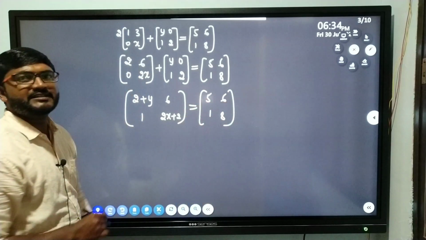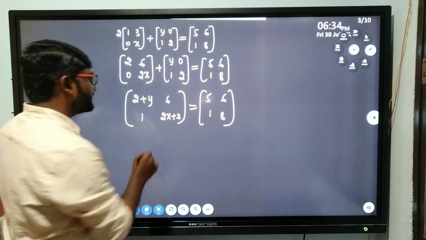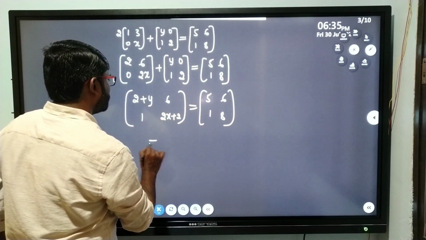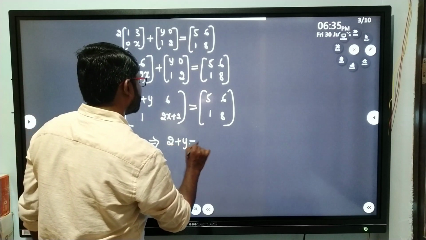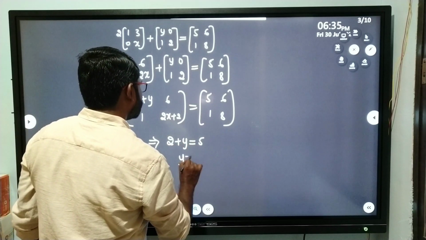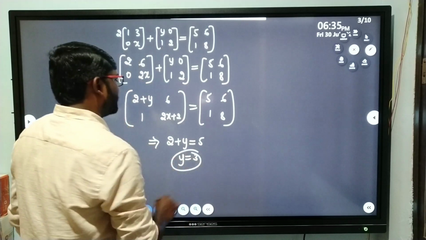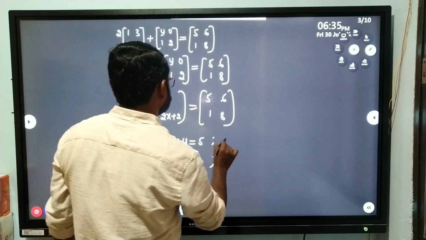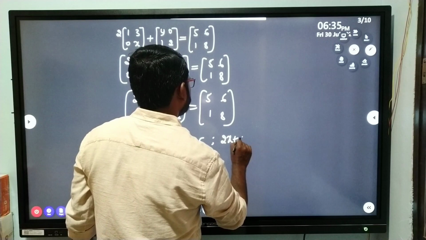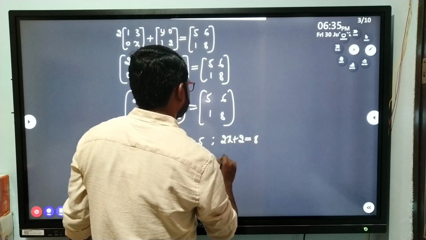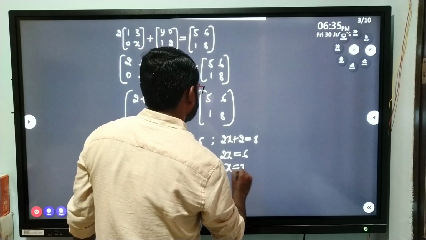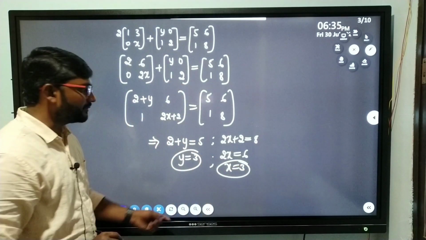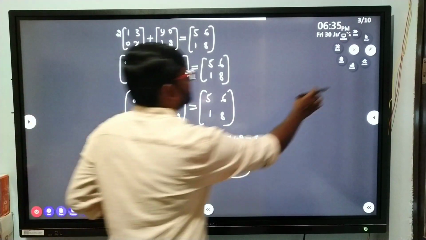Then equate the corresponding elements now. 2 plus y is equal to 5, then y is equal to 3, then 2x plus 2 is equal to 8, then 2x is equal to 8 minus 2, it is 6, x is equal to 3. The values of x and y are 3, 3.